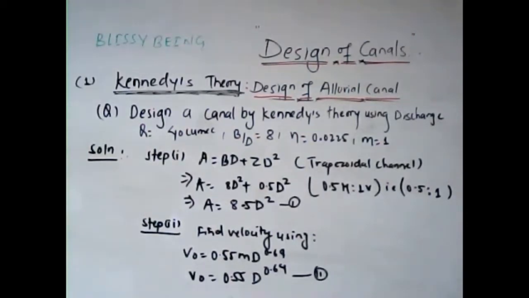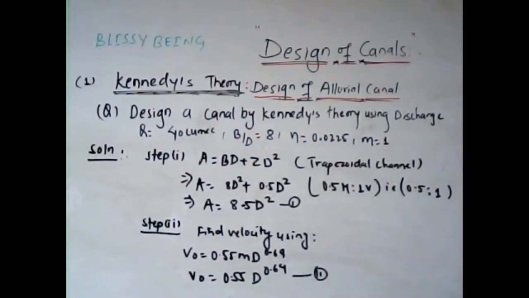As stated in the previous procedures, at first we need to determine the area of the cross section. Assuming a trapezoidal channel, the area A equals BD plus ZD squared. Since B by D is 8, B is 8 times D, so A equals 8D squared plus 0.5D squared. So area can be written as 8.5 D squared.